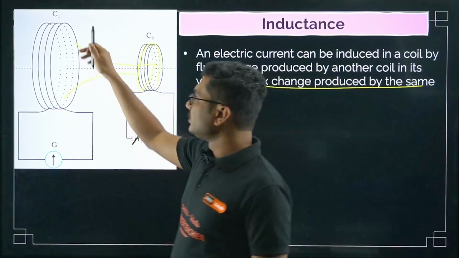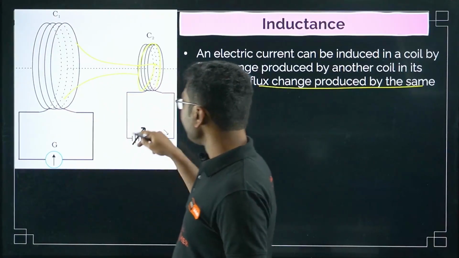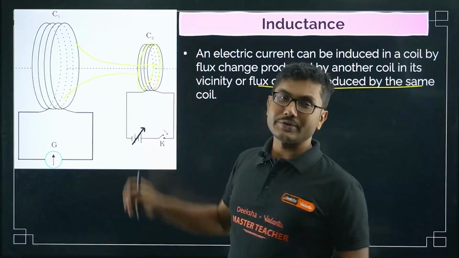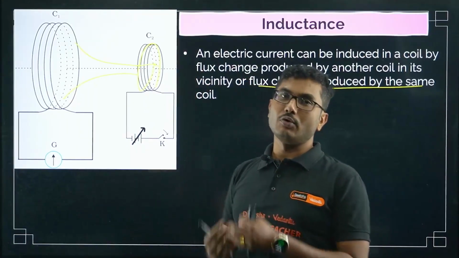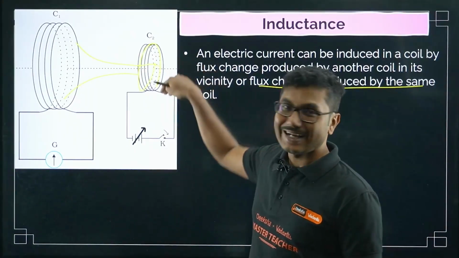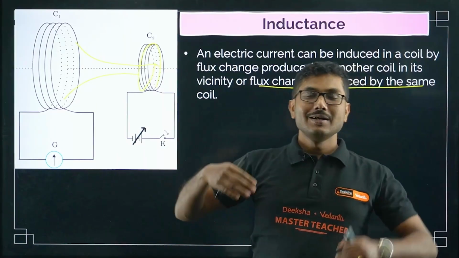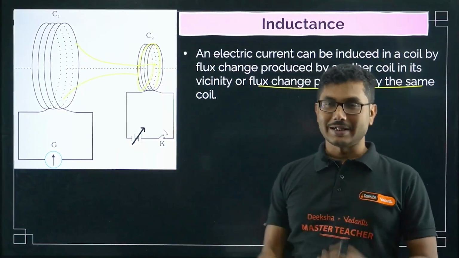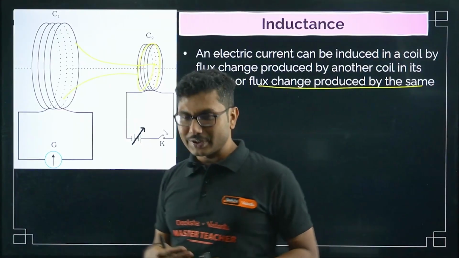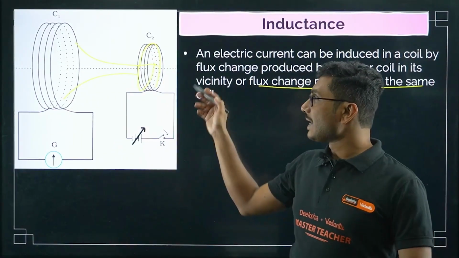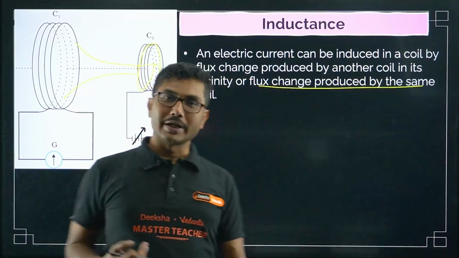Sometimes there is no second coil. If you keep changing the current in a single coil, the coil itself tries to prohibit the change of current inside it, because it acts as a self-induced circuit. It is trying to induce current within itself. This is called self-inductance, and when there are two coils, it is called mutual inductance.